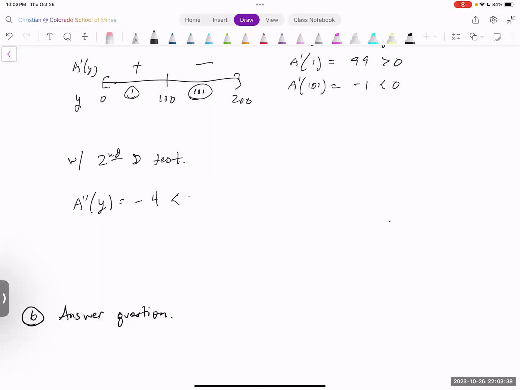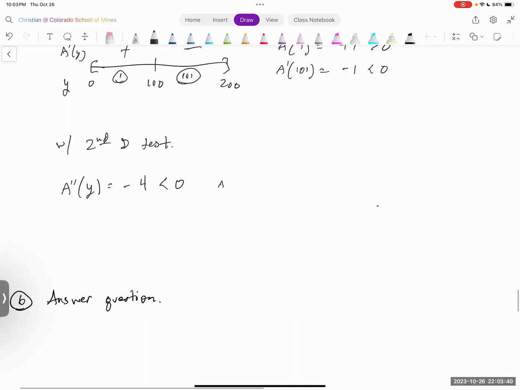And that's negative all the time for all y in 0 to 200. So that means A of y is concave down, and it's concave down at the critical point.